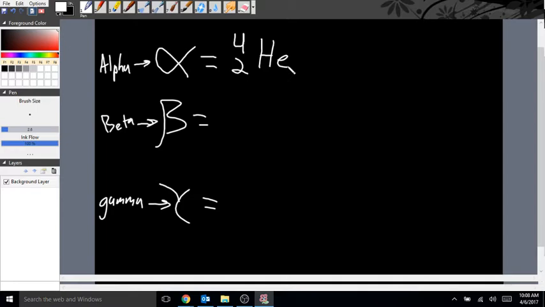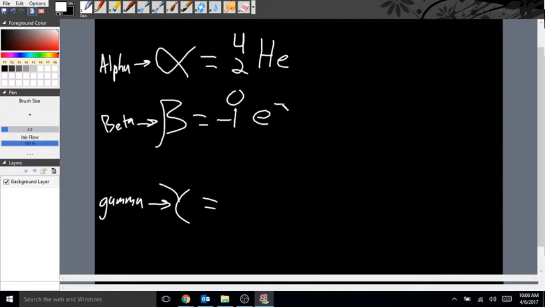With beta decay, the particle that gets shot out, the beta particle, has a mass of 0, relatively speaking, compared to protons and neutrons. But it has an atomic number of -1. And really what's happening is, out of our nucleus full of protons and neutrons, one of the neutrons becomes a proton, and when it does so, it shoots out this electron.